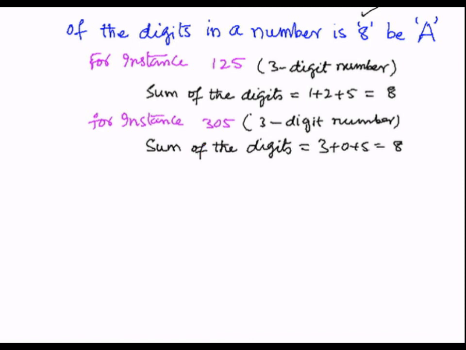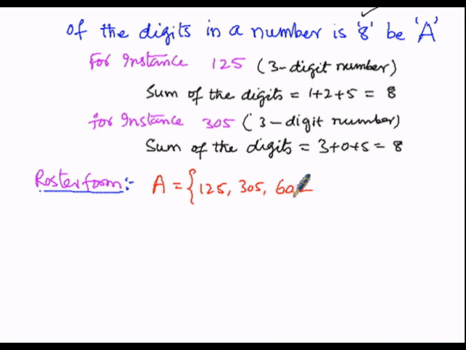Now let us write the roster form. Here we have denoted the set of these 3-digit numbers as A. Therefore the roster form is A equals the set consisting of 125, 305, 602, where 6 plus 0 plus 2, 6 plus 2 is 8. Similarly 800, where we can cancel the two zeros, so it is 8, and so on.